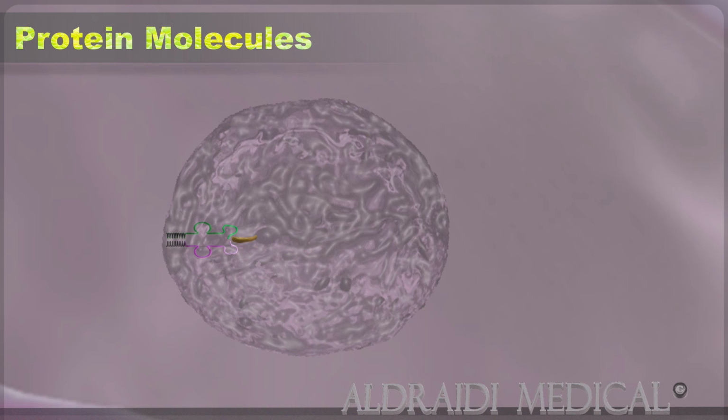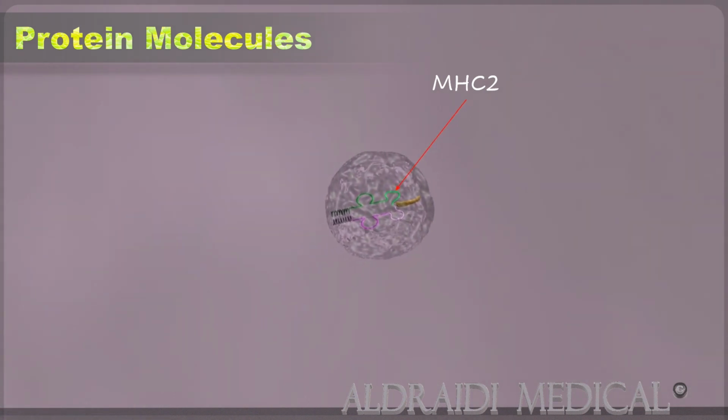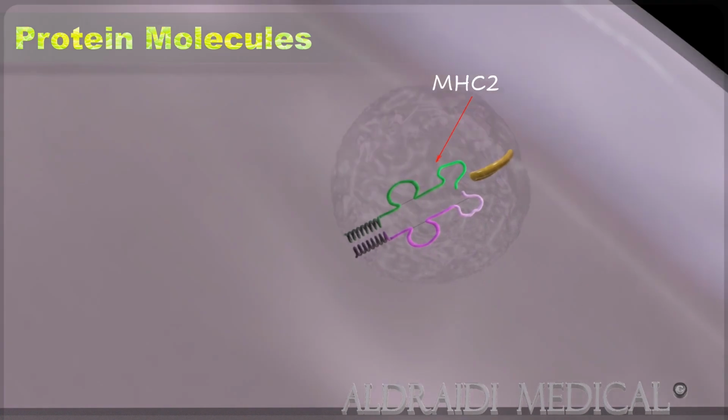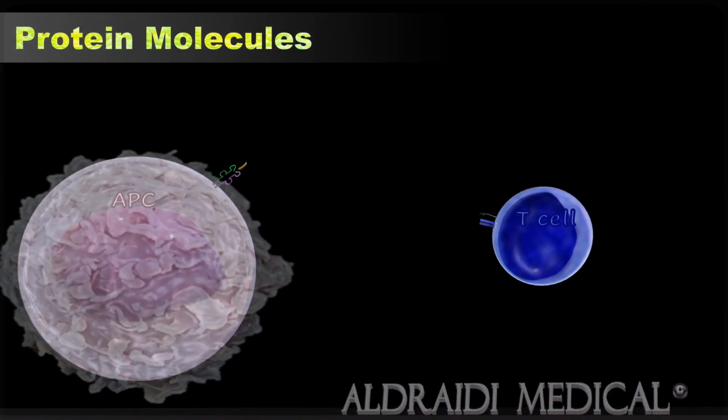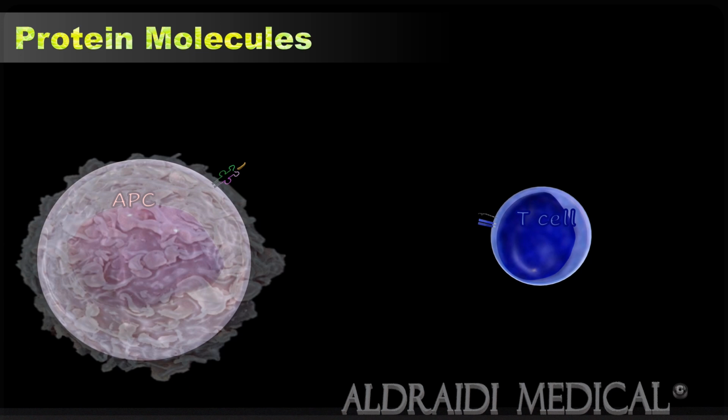For example, we have what is called the major histocompatibility complex class II molecules. What these molecules actually do is grab parts of that ingested and degraded pathogen and take it all the way to the surface of the cell and display it in order to present it to T cells.